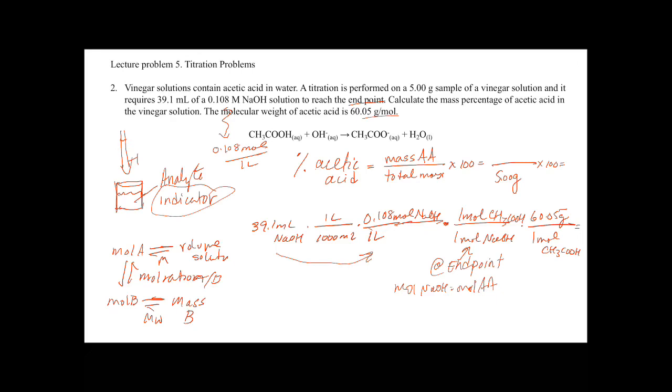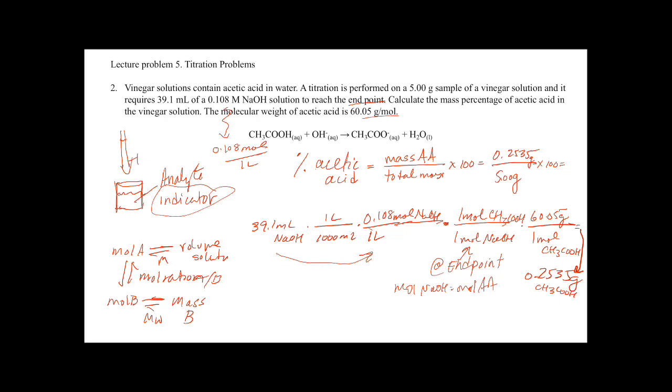So when you do the math in this case, you should get 0.2535 grams. Let me just draw an arrow. 0.2535 grams of the CH3COOH. And we're going to plug that in up here, 0.2535 grams, and we can do our division.